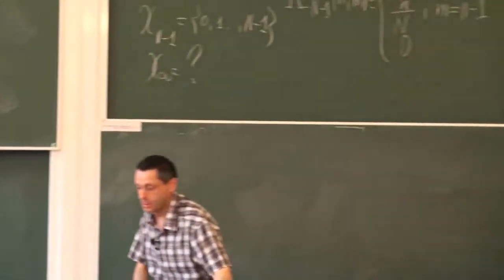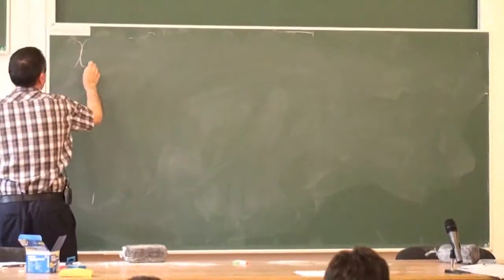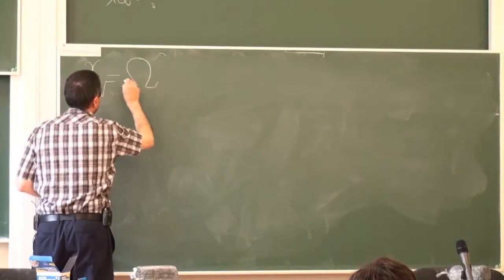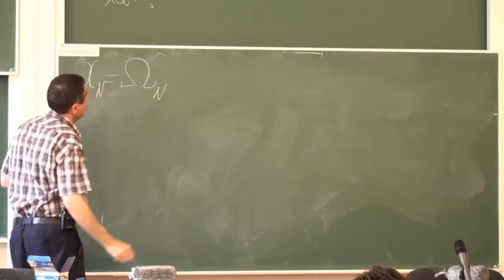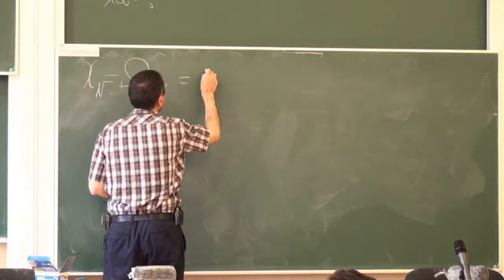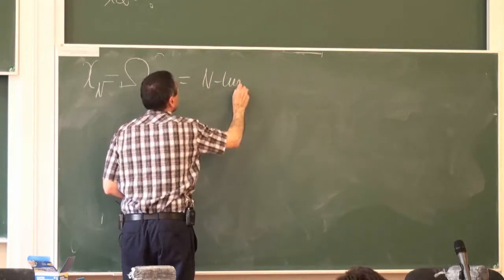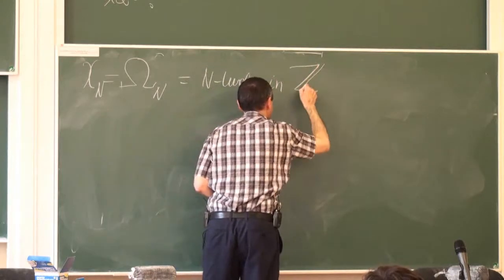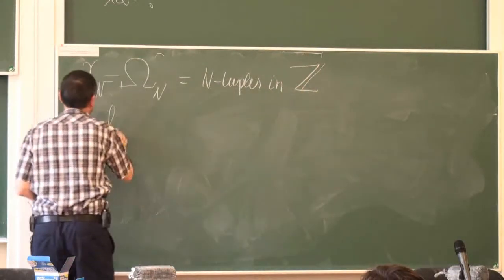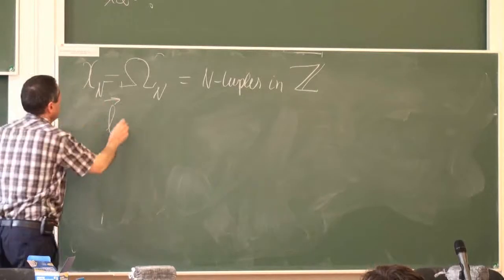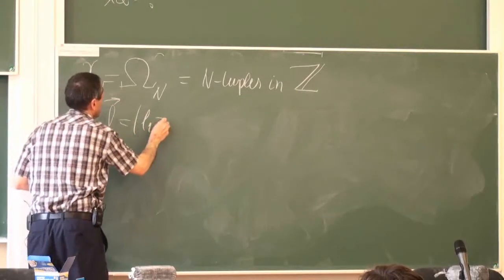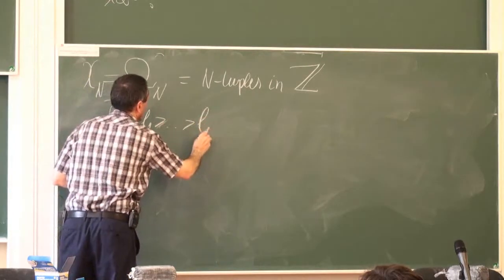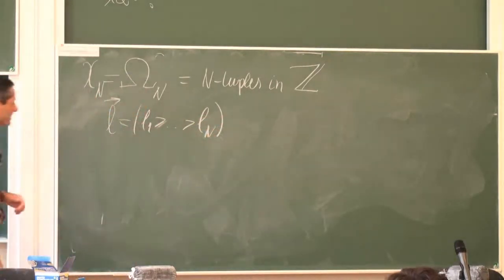Namely, now we take as X sub n our space omega sub n, a point of which, I recall, is a sequence of integers.